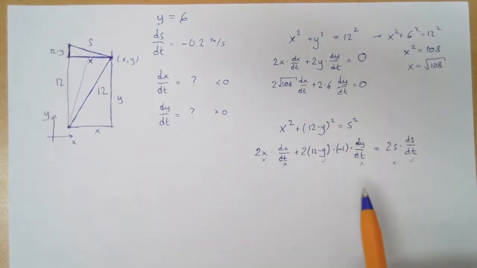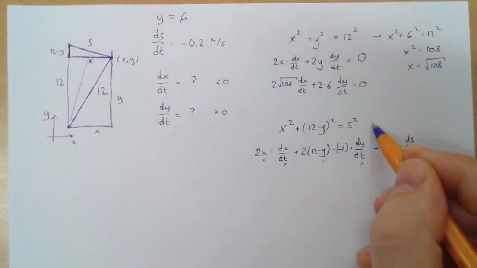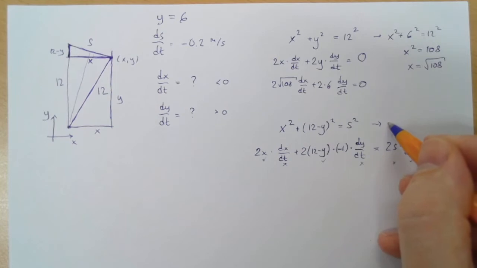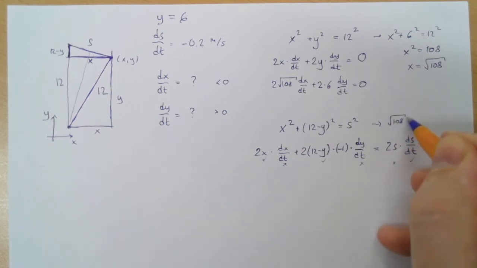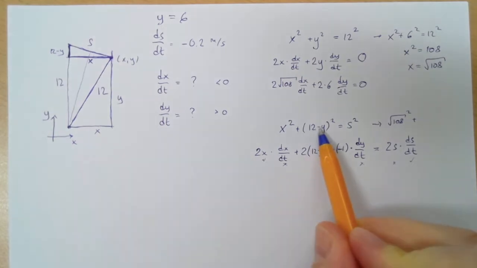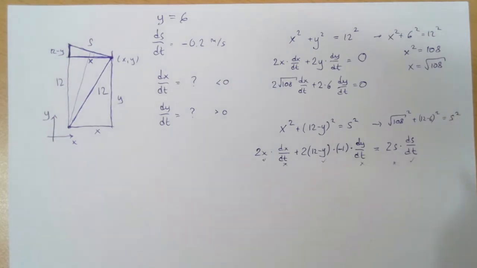However, I can find s, because from this here, I can recycle this equation, and now I can set it up. x is the square root of 108, plus y is equal to 6, so 12 minus 6 is 6 squared, and that has to be equal to s squared. 108 plus 36 equals s squared.